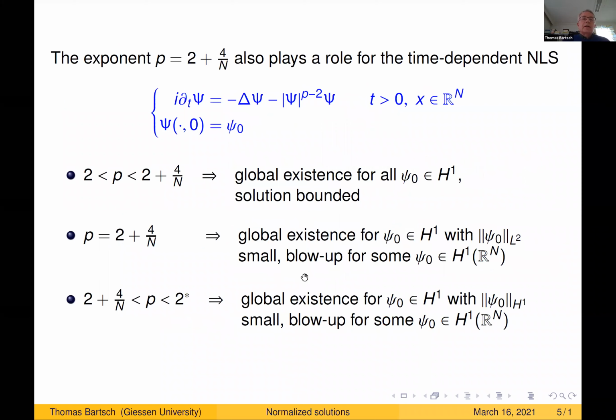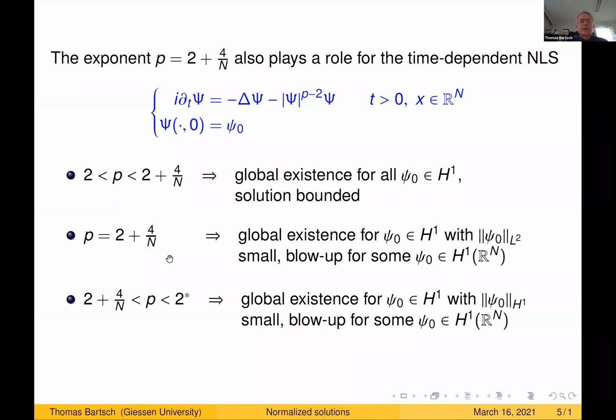Okay, this exponent also plays a role for the time-dependent nonlinear Schrödinger equation, and I will just be very short. If you are mass subcritical, so if p is less than 2 plus 4 over n, then this solution has global existence for all initial conditions in H1, and the solutions are bounded.